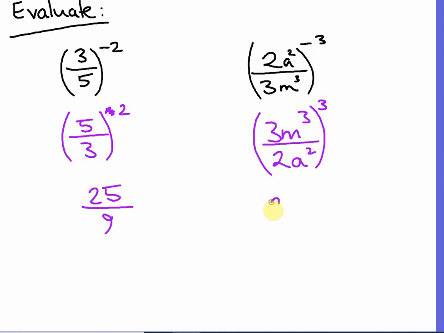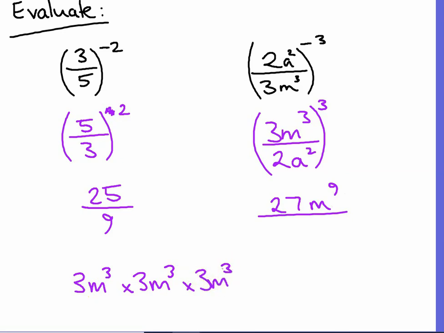So the top one, we can have 27m to the power of 9. Now the reason that works, I'll explain in another video, but if you think about it, it's 3m cubed times 3m cubed times 3m cubed. A lot of people keep the coefficient as 3, but they get the power right. It's this part and this part all being raised to the power of 3 for this very reason here.